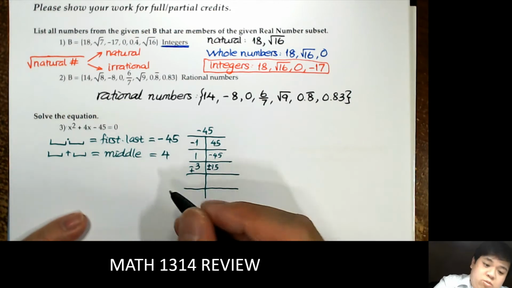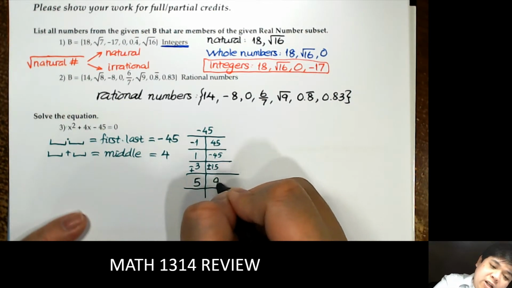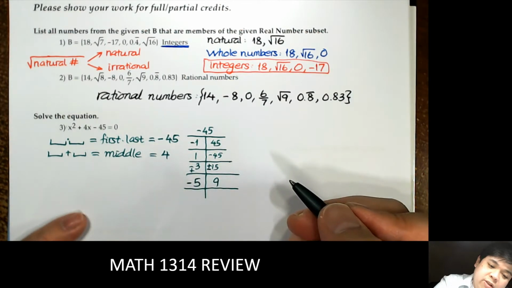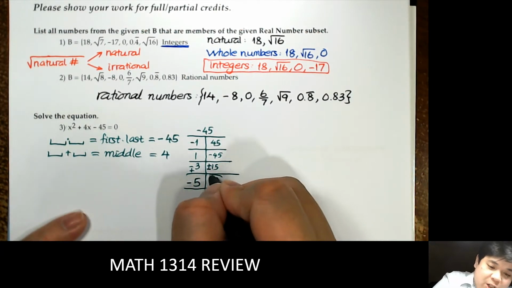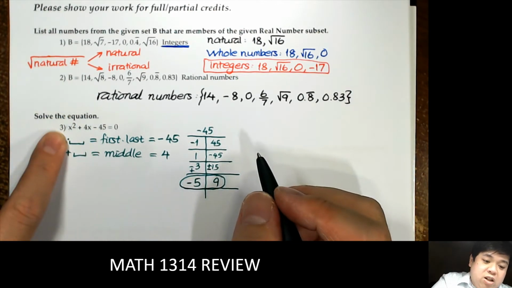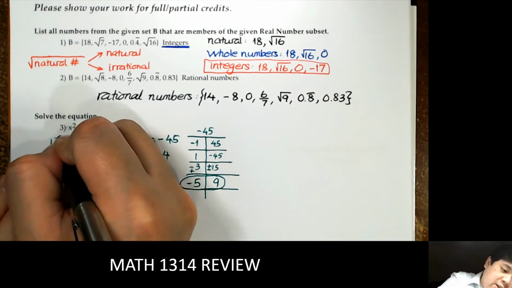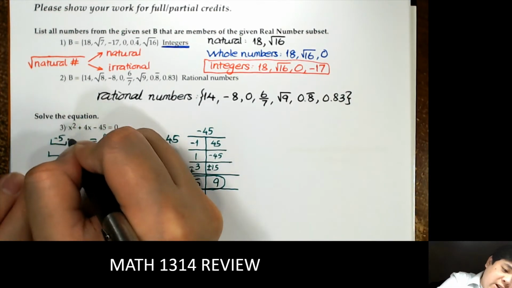And then 4 doesn't. So go to 5 and 9. I have to choose one to be positive, one negative. So that's good. Negative 5 and 9, those two numbers multiply together to negative 45, and add up together to equal 4. So we have negative 5 and 9.